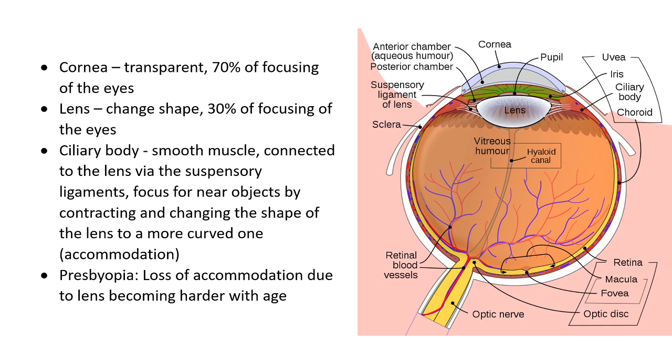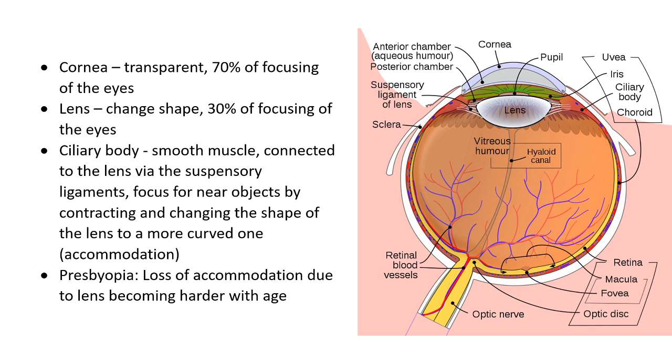The second part of the uvea, the ciliary body, is a smooth muscle which is connected to the lens via the suspensory ligaments. Its function is to allow the eye to focus for near objects.